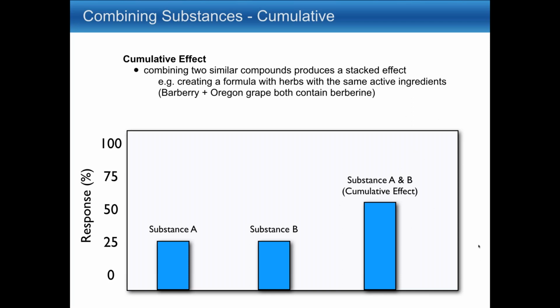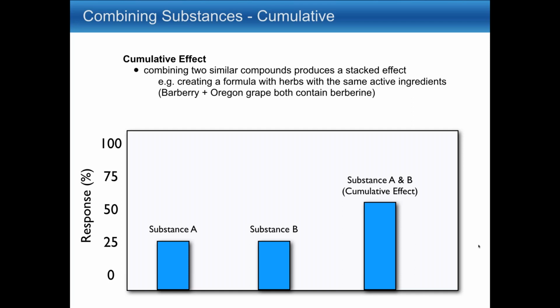Now with herbs, an example of this: if you're combining herbs in a formula, if you have a herb that has, let's say, berberine in it, like goldenseal, and you add it to your formula with another herb that contains berberine, like Oregon grape, then you're adding more of the same thing, even though it's from two different herbs. It's kind of like eating a navel orange and a nectarine.